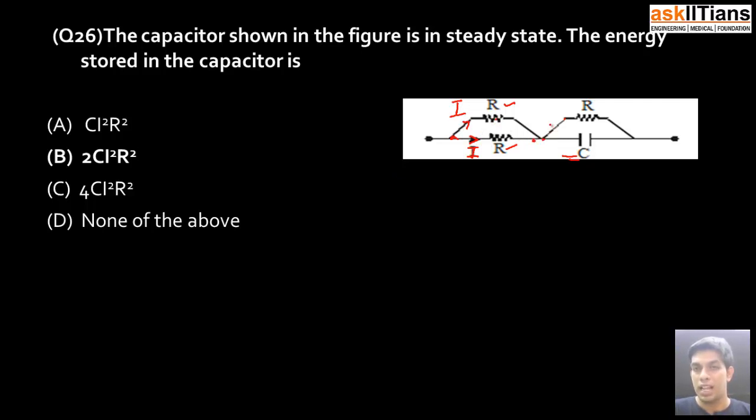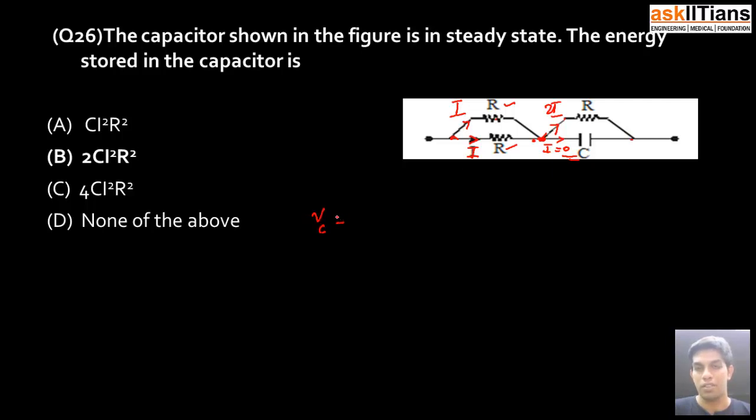So I can say that the current of 2I is actually flowing in this resistance because the net current is 2I at this junction, and this capacitor is at steady state, so no current is flowing in this direction. I is equal to 0 over here. So the potential difference across the capacitor is VC.